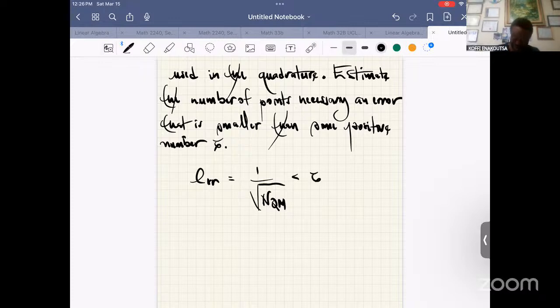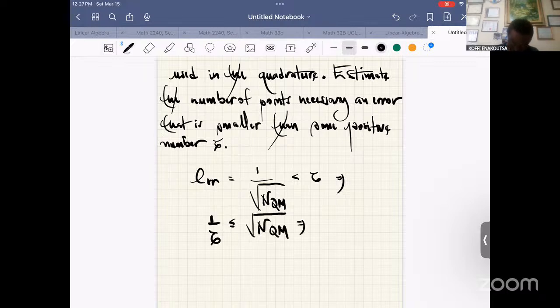So this gives us that 1 divided by tau is smaller than root of NQM.